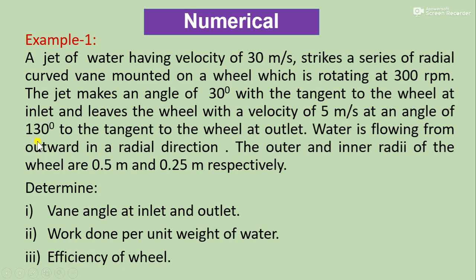The angle at outlet is 130 degree to the tangent. Water is flowing in outward direction. Radii at outlet and inlet are given. We are asked to determine vane angles at inlet and outlet, work done per unit weight of water, and efficiency of the wheel.